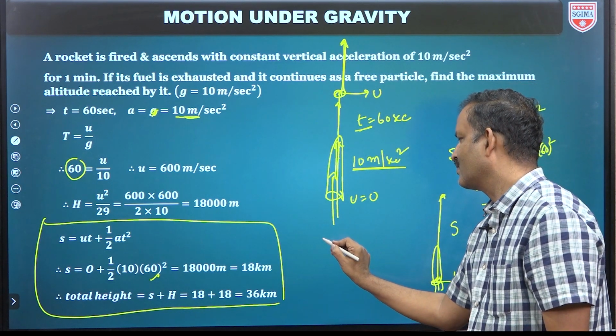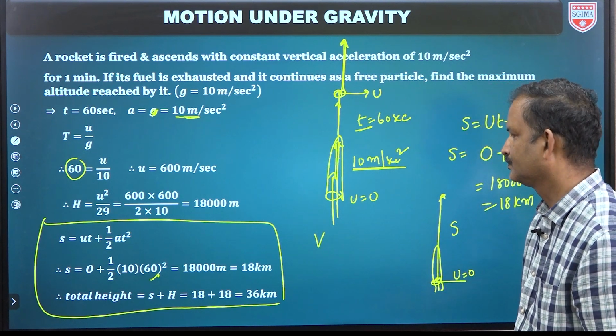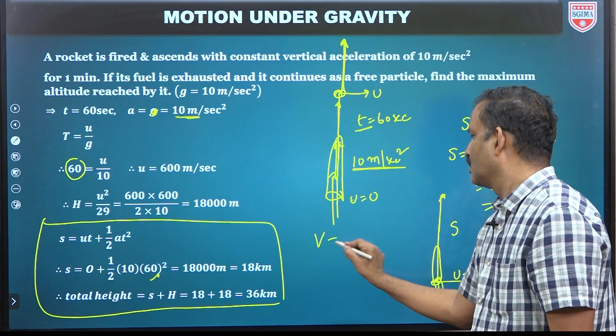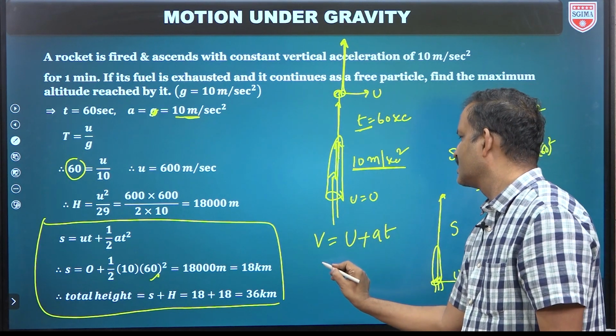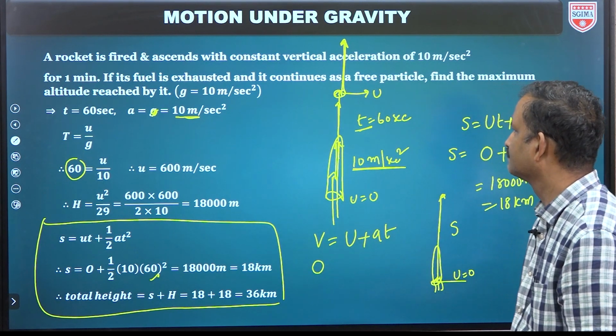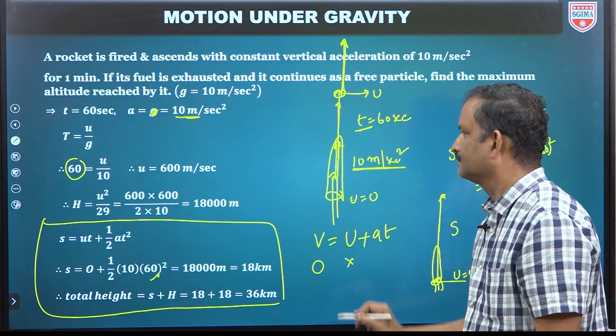Then we can write the formula. What formula you can use? v equal to u plus at. v is equal to 0 plus at.